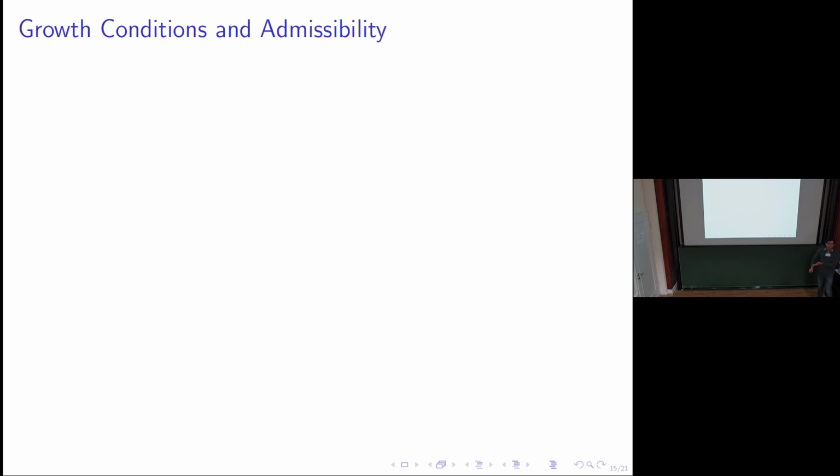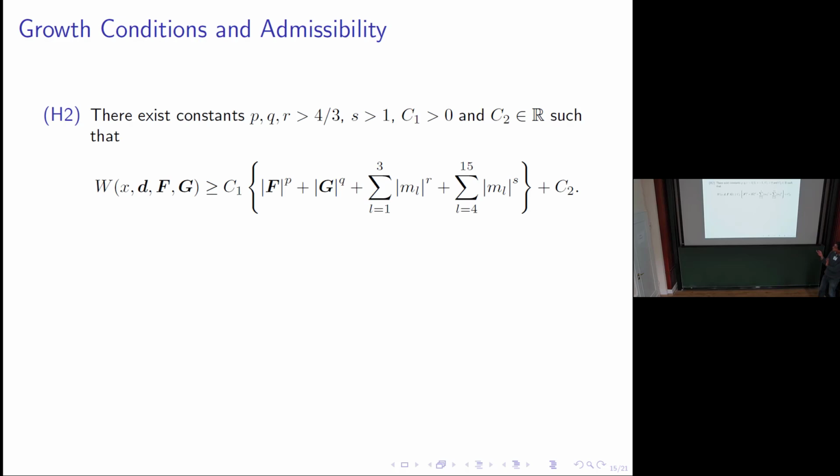Okay, so growth conditions and admissibility. Now I'm just going to talk about how you prove the existence theorem for these kinds of energies. So we need growth conditions. H1, my first hypothesis, is the convexity condition that I defined two slides ago. For the growth conditions, we want P, Q, and R to be larger than 4/3, S bigger than 1, and we have growth conditions in F and G, but also in the subdeterminants M1, M2, all the way up to 15.